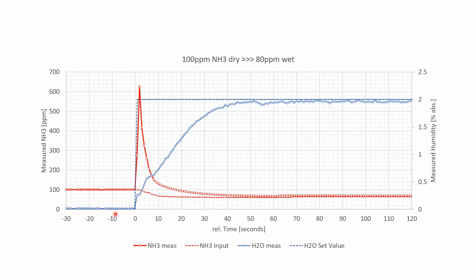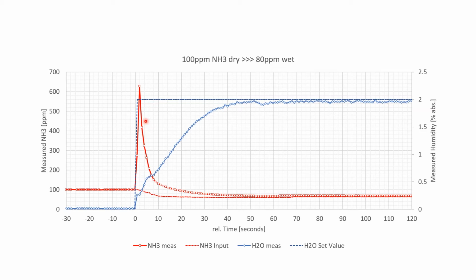And how is this visible in the measurement? Yeah, let's look at a typical situation in a sensor test procedure. After about 10 minutes of dry 100 ppm of ammonia from a gas mixture bottle, we change down to 80 ppm ammonia and 2% absolute of humidity to check the humidity influence. What happens? You get a huge peak of ammonia.